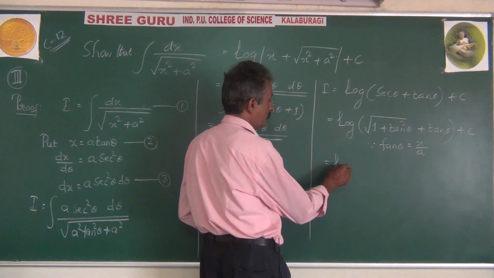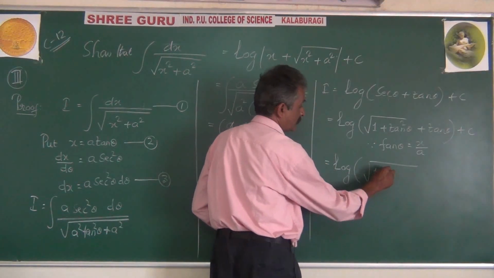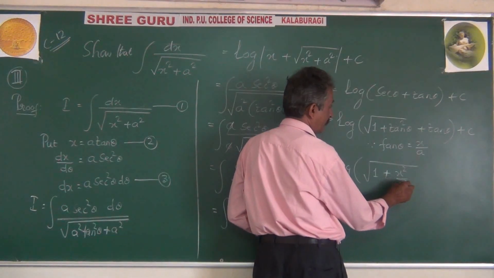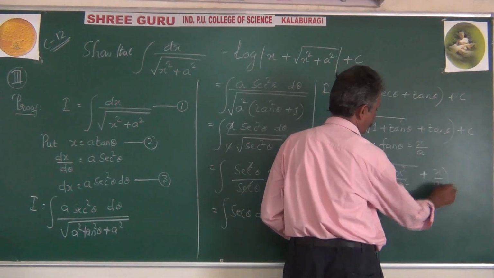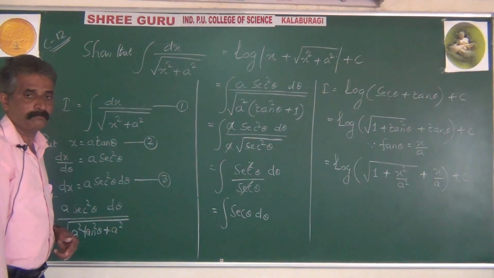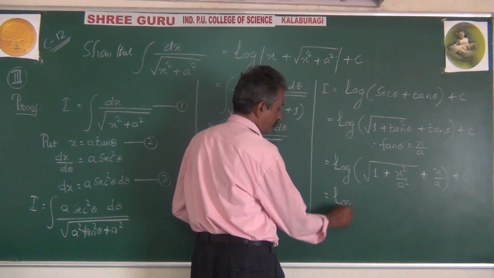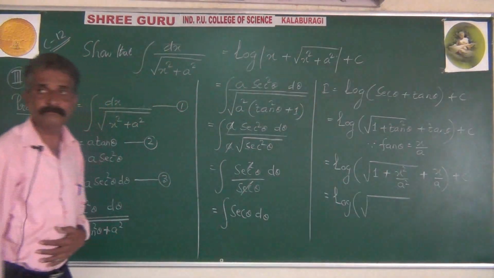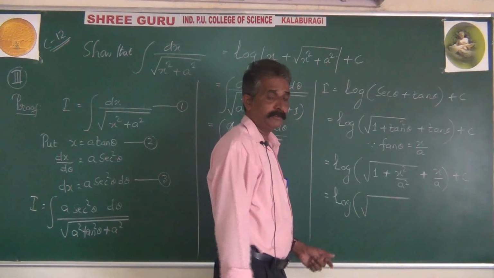So this value of tan theta we shall replace in the result of integration. It is equal to logarithm of bracket square root of 1 plus, what is tan theta? x by a, tan square theta becomes x square divided by a square, plus tan theta means x by a, plus c. That equals logarithm of bracket root of, inside root, what is common? 1 by a square.